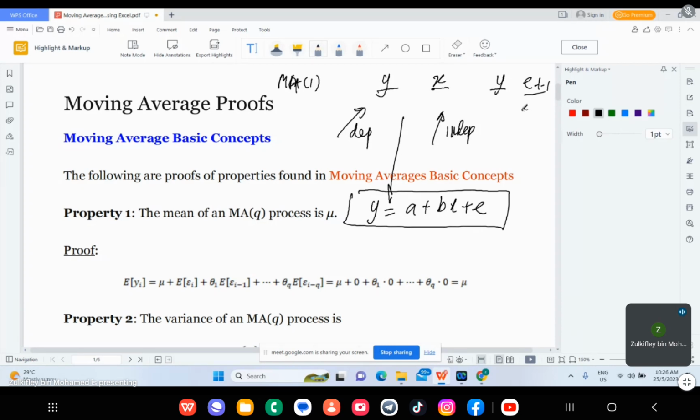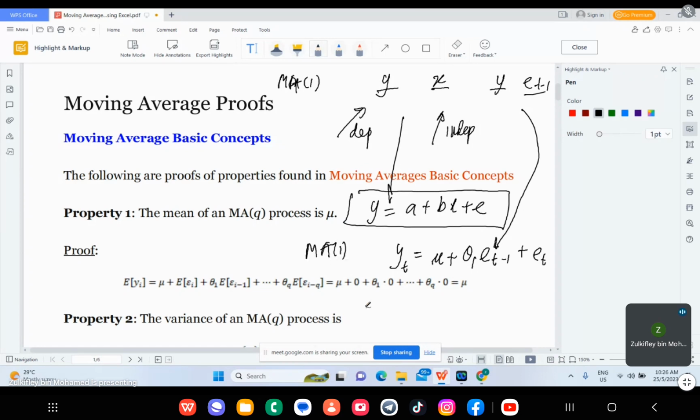YT is equal to, instead of A, we use mu, plus theta 1 epsilon T minus 1, because your X here is epsilon T minus 1, plus epsilon T. That is a MA1.